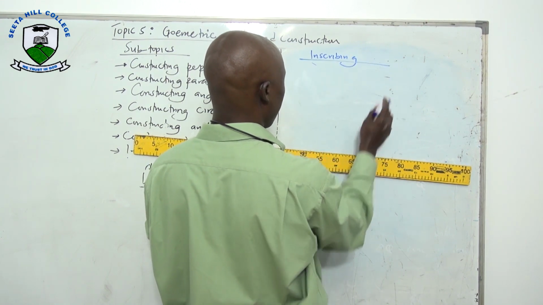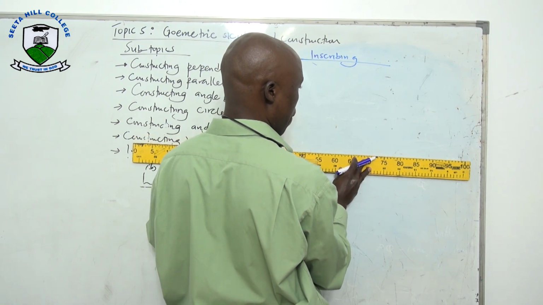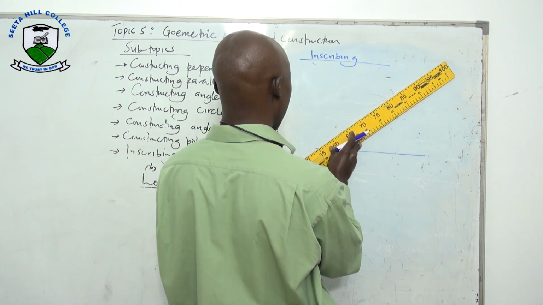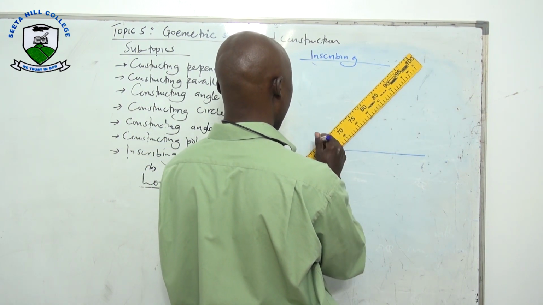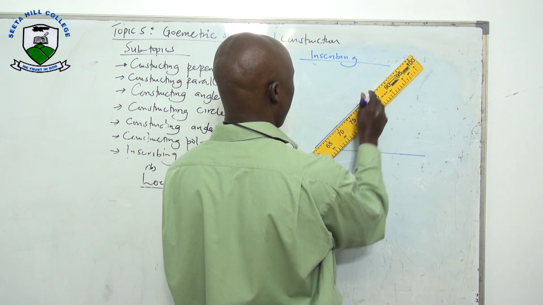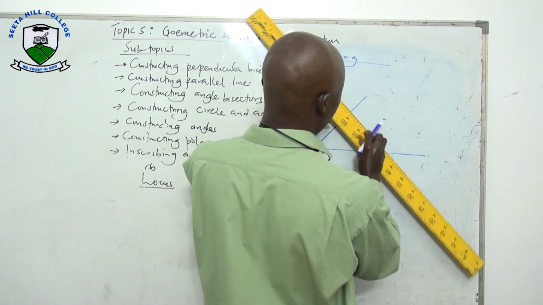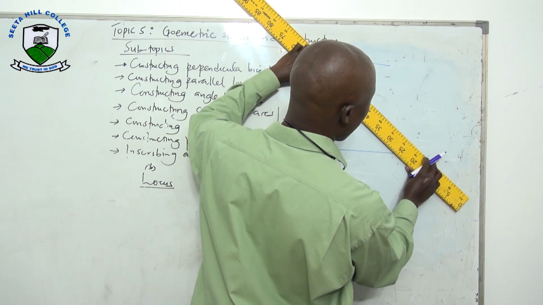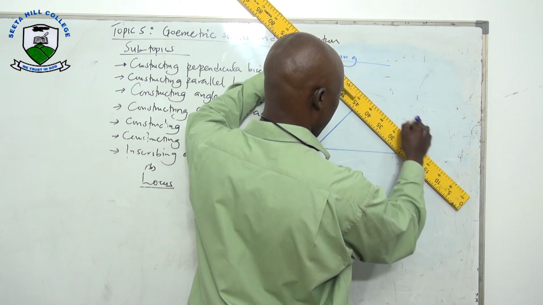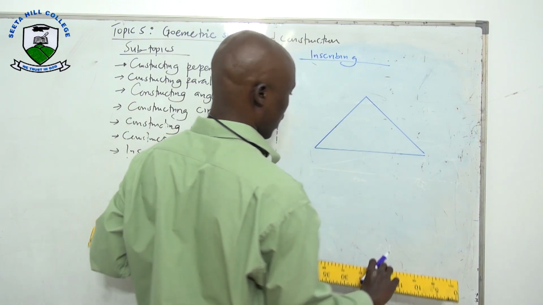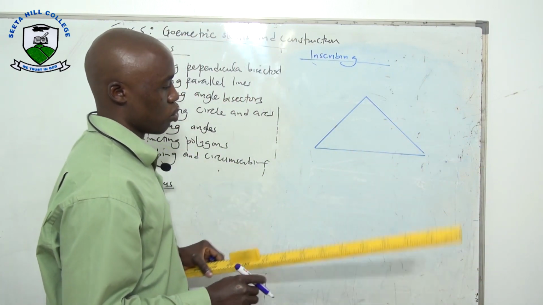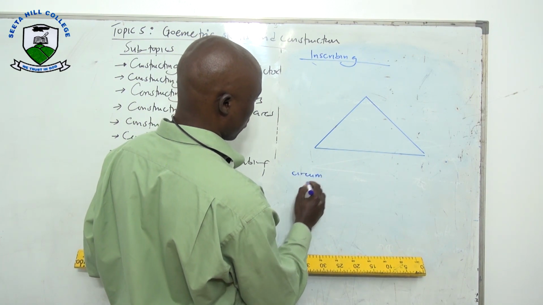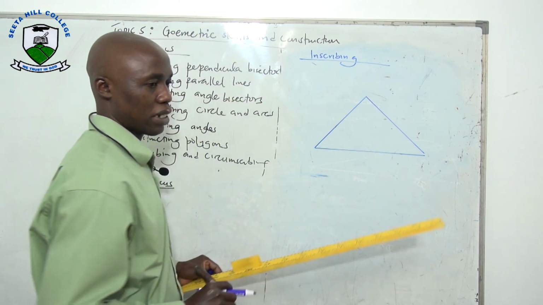Inscribing is to put a circle where? Inside. Now I'm going to use an already drawn triangle here. How do we put a circle inside this one? Inside. Then I'll use another sketch to demonstrate circumscribing.